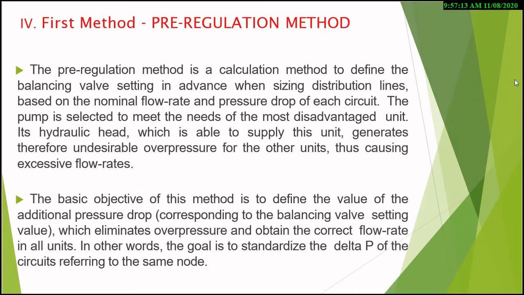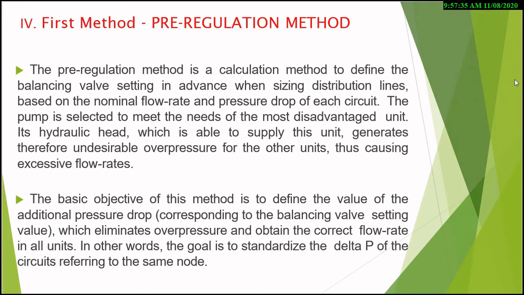Now for the first method of regulation, which is called the pre-regulation method. This method is a calculation method to define the balancing valve setting in advance when sizing distribution lines, based on the nominal flow rate and pressure drop of each circuit.